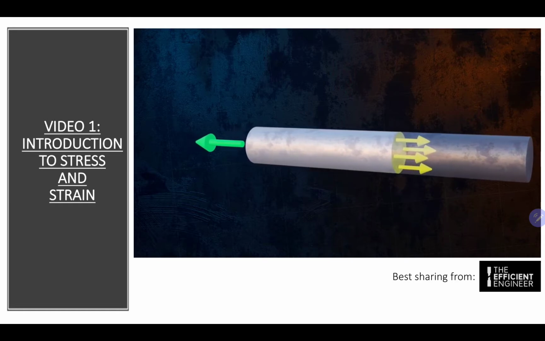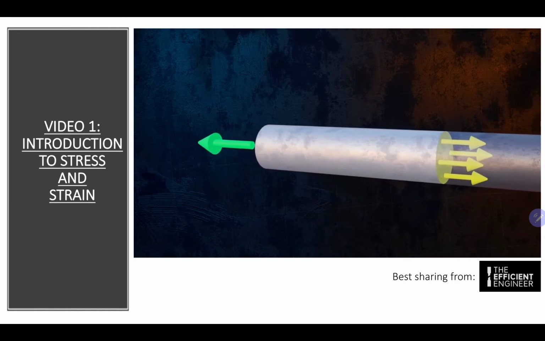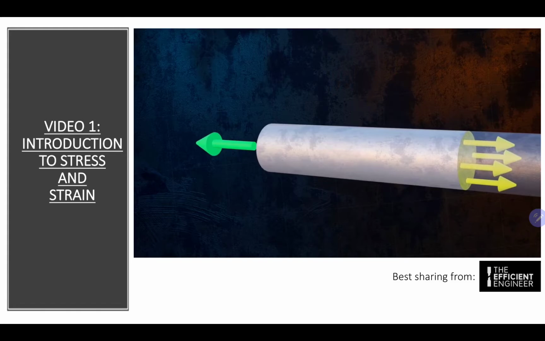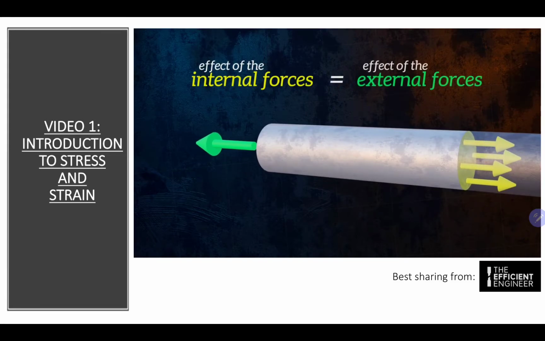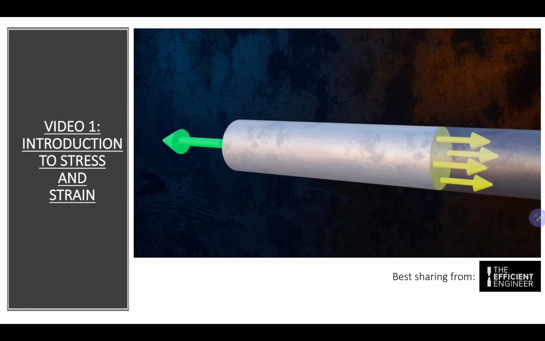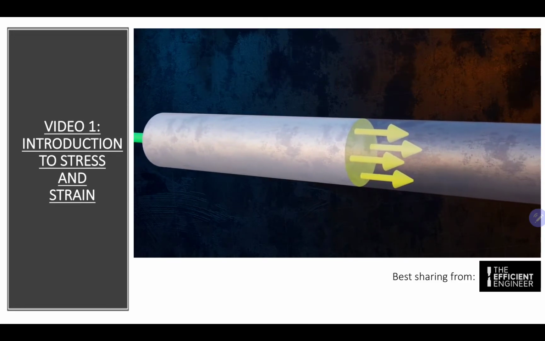In this case, the effect of the internal forces acting on the cross-section created by our cut will be equal to the effect of the applied external force. I have represented the internal forces as four separate forces here, but I could have represented them as 1 or even 20 forces. In reality, the internal forces are distributed over the entire surface of the cross-section.